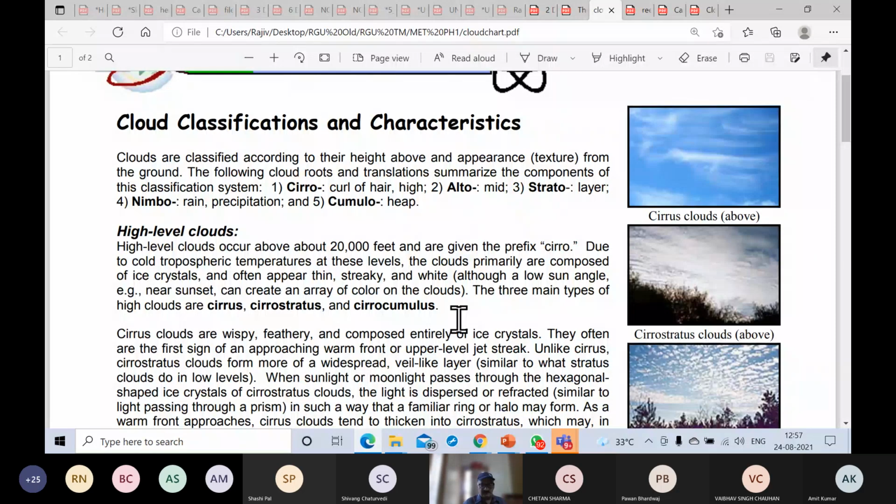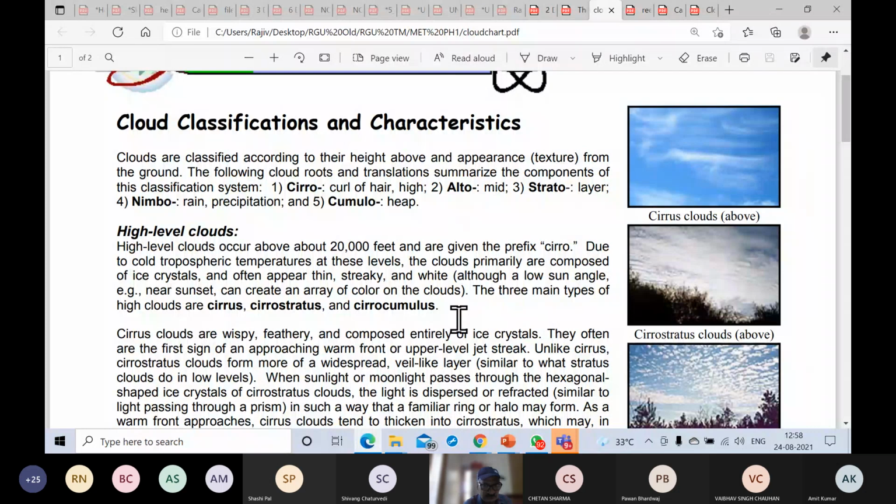They often appear thin and white, of course. The color may differ if the cloud is forming near sunset, because of the low sun angle.